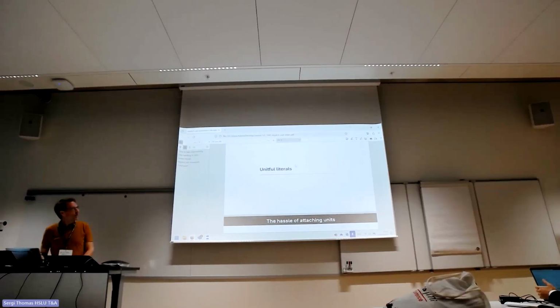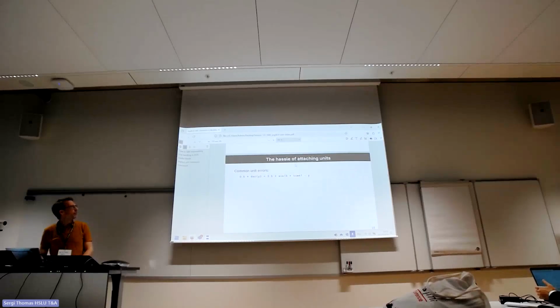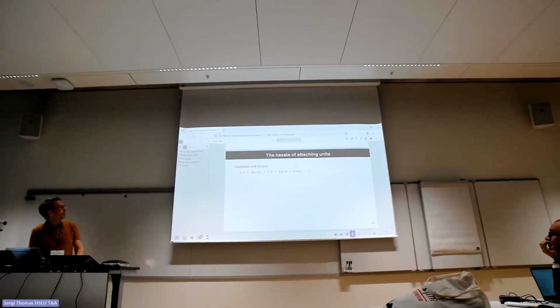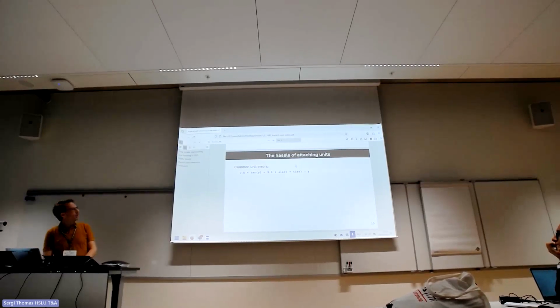So let us talk just a little bit about these unitful literals that we have seen in some tools today. A common unit error in Modelica is that you write down your equation, and because unit violations are at most warnings, you don't care about attaching the units. It doesn't make a difference to how the numbers we compute anyway, so why bother? The equation is self-contained.